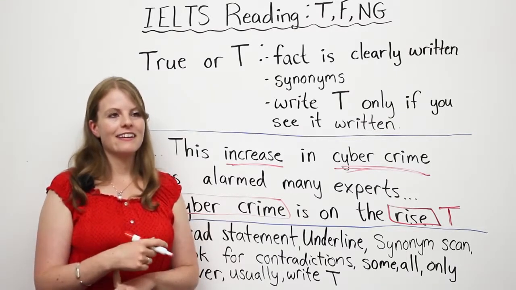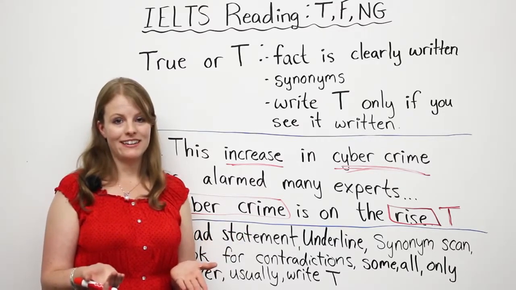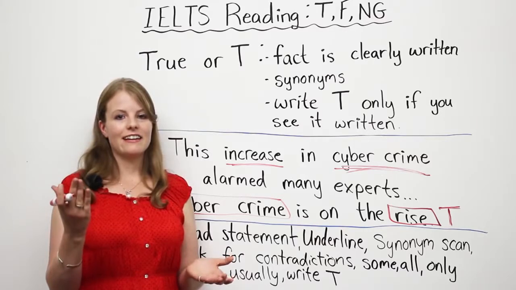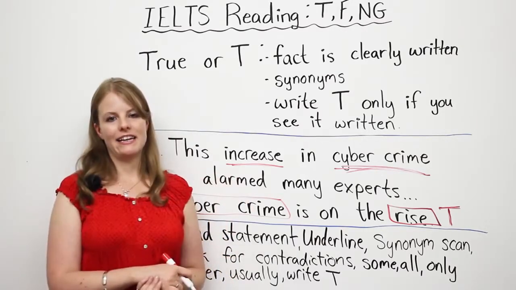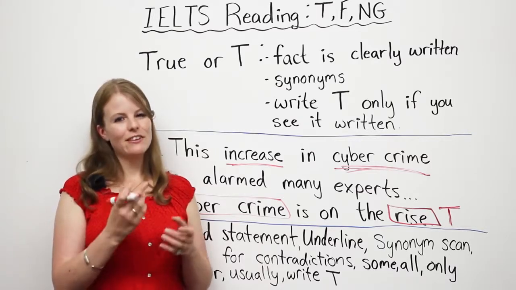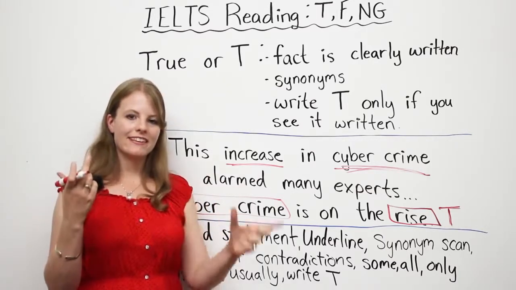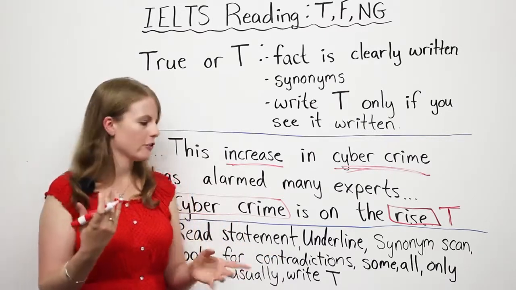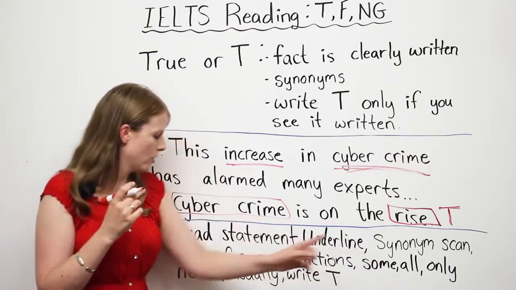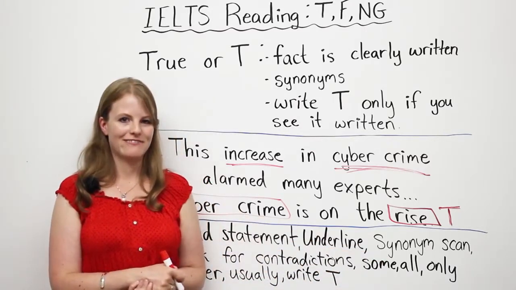Because if it says, some people in Canada like to eat poutine, and you see the sentence saying, poutine is always eaten by Canadians, even though you see the two words, poutine, poutine, one says always, one says some. So this would not be a true statement. So be on the lookout for some, all, only, never, usually. This is where they try to trick you on the IELTS.